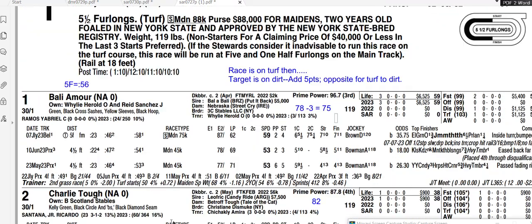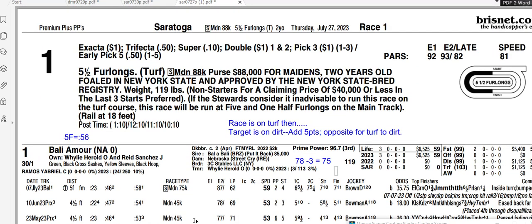And the same would go for a 6 furlong race. If you're pulling a 6 furlong target off of 7 of the 9 horses, and the other 2 horses are coming off of 5.5 furlong races, you pull the target off those 2 5.5 furlong races, and you subtract 3 points from those 5.5 horses to kind of get an equal playing field with the other ones that are 6 furlongs.